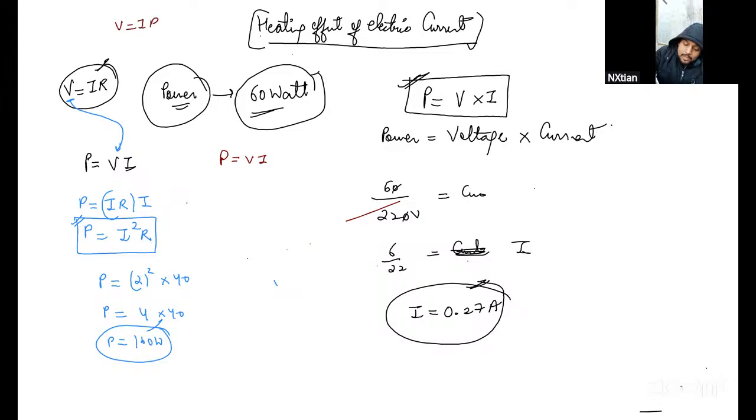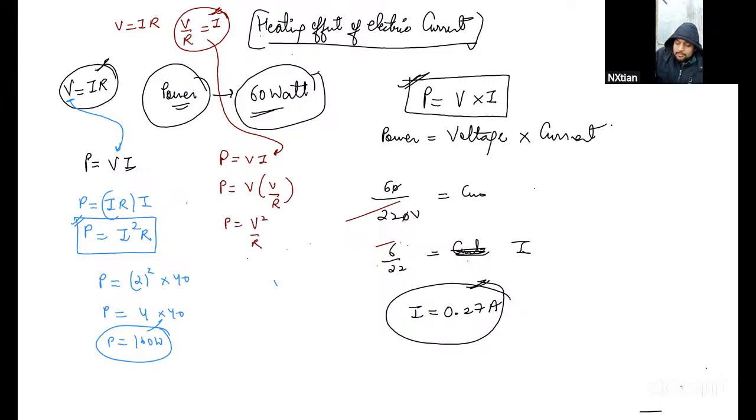If I send the R to the left side, it becomes V upon R. So V upon R is equal to I. Now can I replace the value of I into this, which will make P equal to V into V upon R. So P is equal to V squared by R.